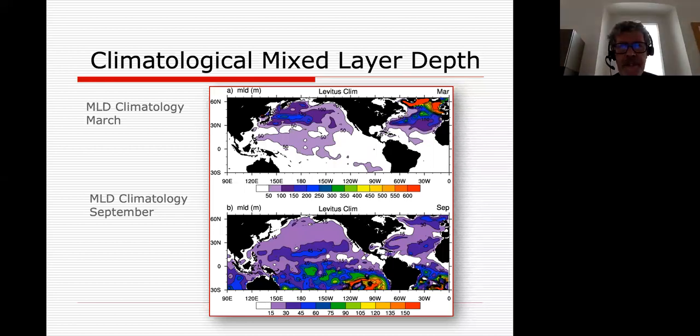let's go look in more detail at some fields of the mixed layer depth as obtained from data.